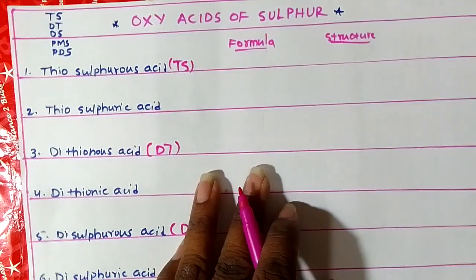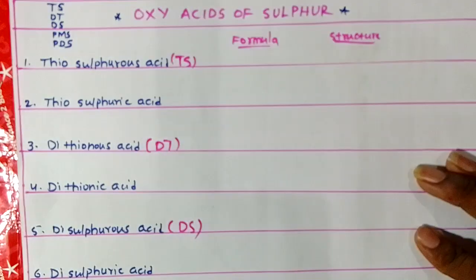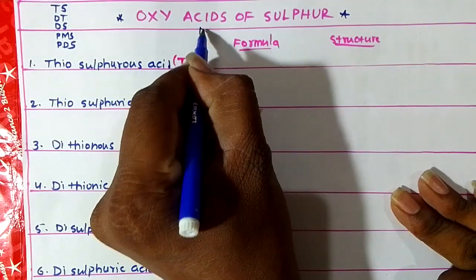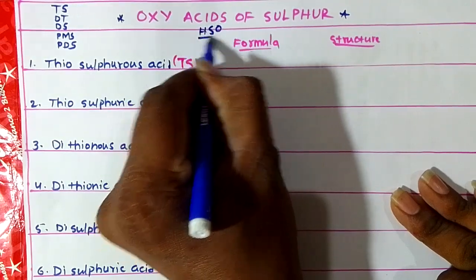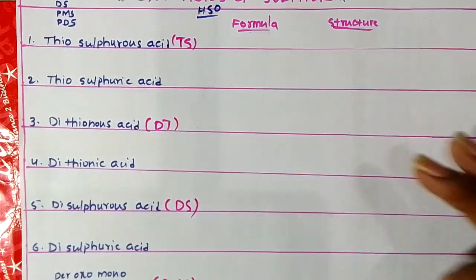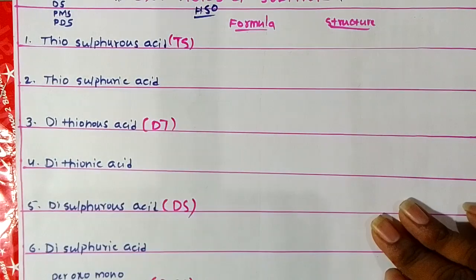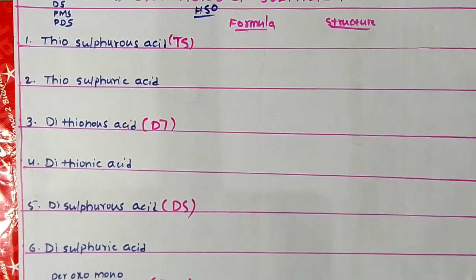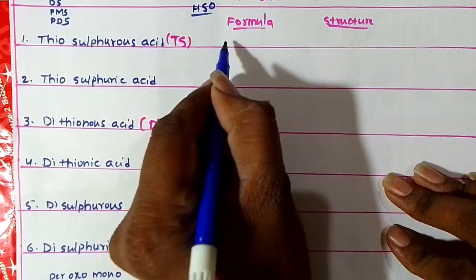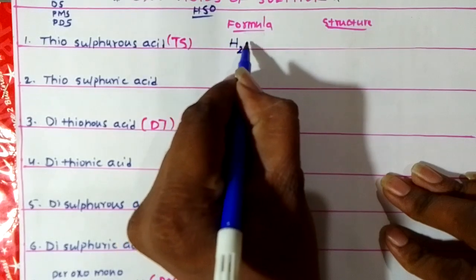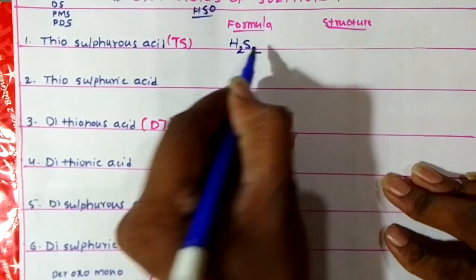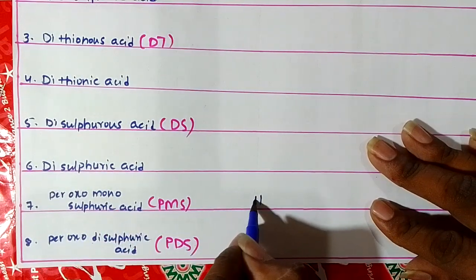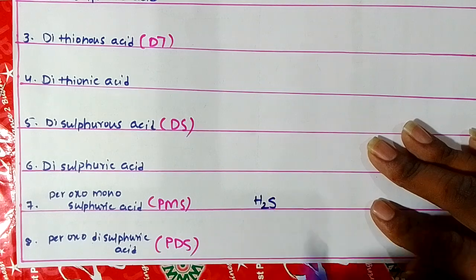Okay, now coming to formula. Every oxyacid of sulphur contains hydrogen, sulphur, oxygen. In every oxyacid of sulphur, H2S2 is common, except peroxomonosulfuric acid, which contains only H2S.